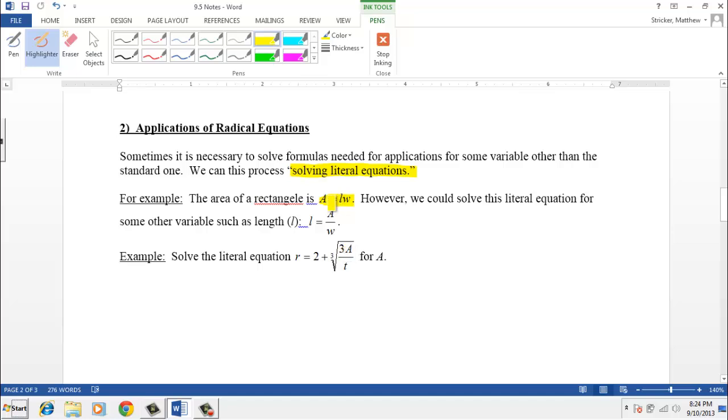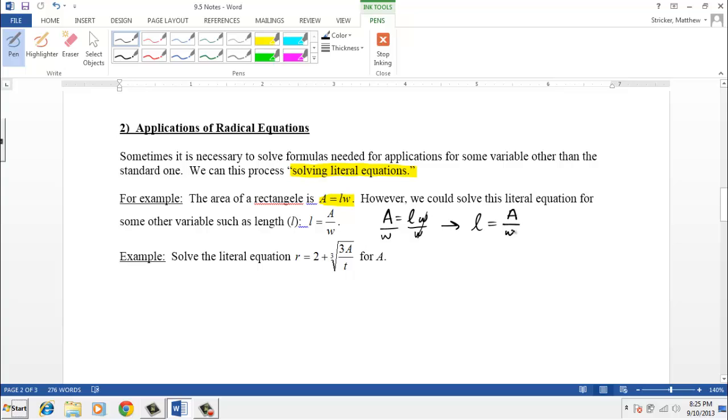For example, we might want to take that equation and solve for L. The way we would do that is by dividing both sides by W. So if we took A equals L times W and divided both sides by W, that would get rid of the W's, and it would give us exactly what you see here, that L is equal to A divided by W.